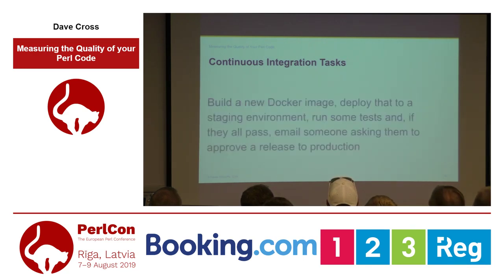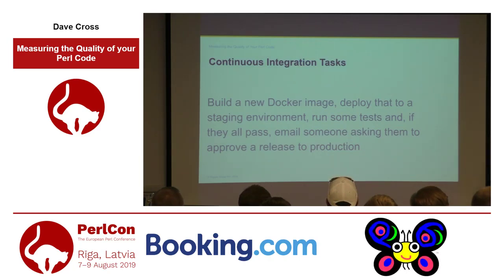Or increasingly, I see it does things like build a new Docker image and deploy that to a staging environment, run some tests. If the tests all pass, then send an email to somebody asking them to press a button that authorizes a deployment. You also see it when people really trust their tests, that final step doesn't happen.